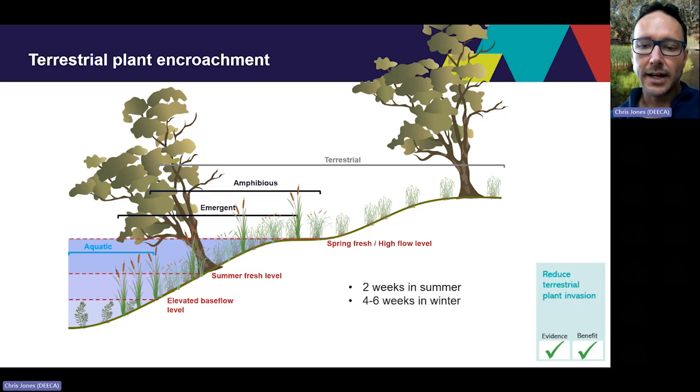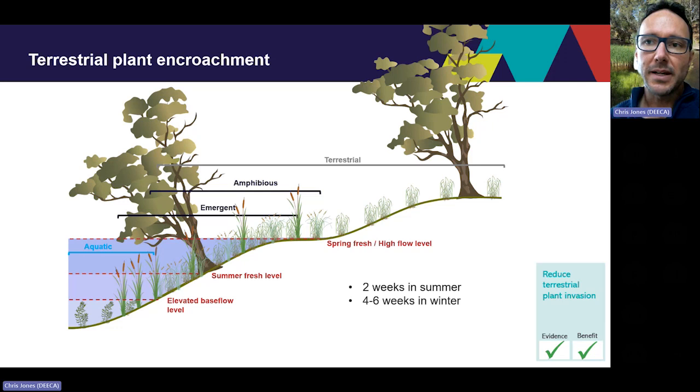And so what we found is that inundating terrestrial plants for as much as 2 weeks in summer can kill them, but it takes maybe 4 to 6 weeks in winter. So there was a strong impact of season, and terrestrial plants were a lot more sensitive to inundation than riparian plants.